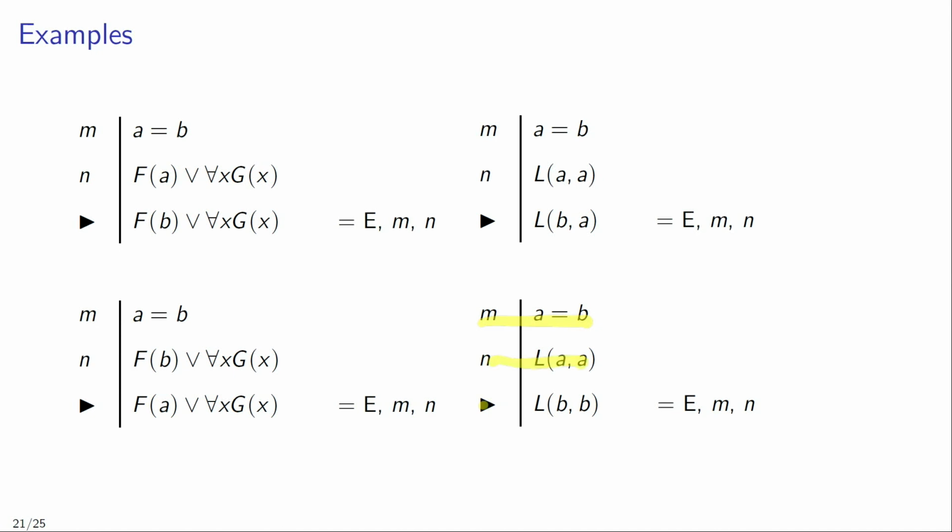You can then infer LBB and justify this inference by means of identity elimination applied to lines M and N. Now, the difference between the third and the fourth example here is that in the third example, we only replaced one of the occurrences of A by means of the name B, but in the fourth example, we replaced both occurrences of the name A with the name B. Both are correct applications of the rule identity elimination.